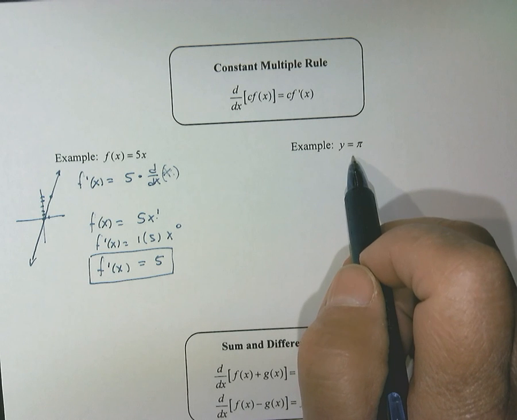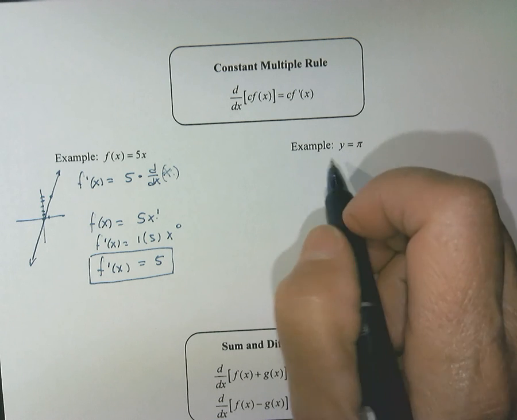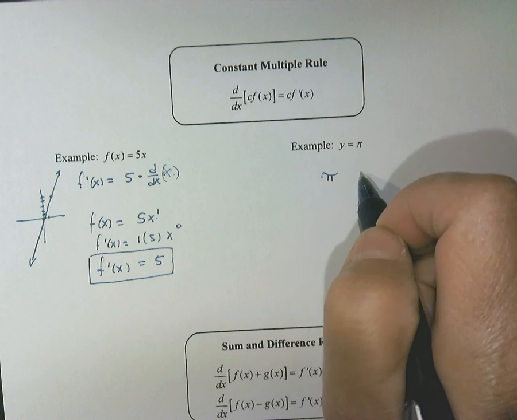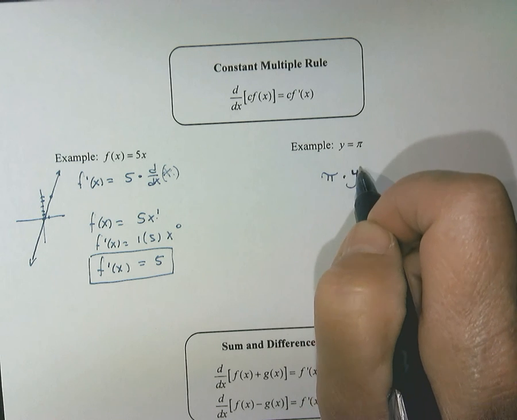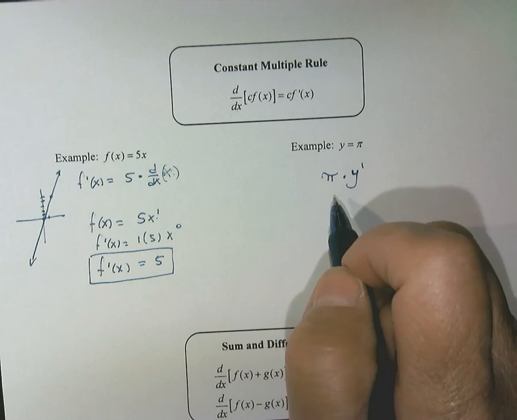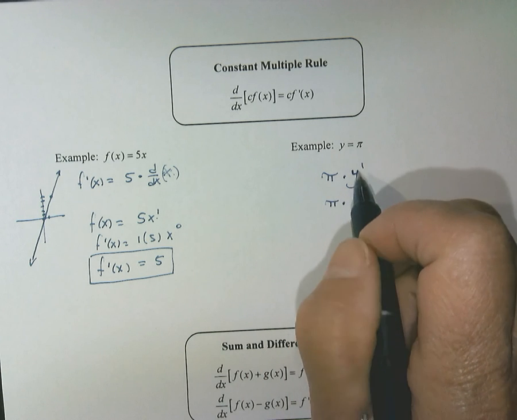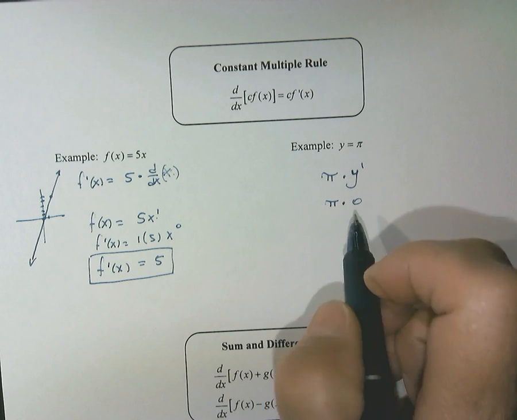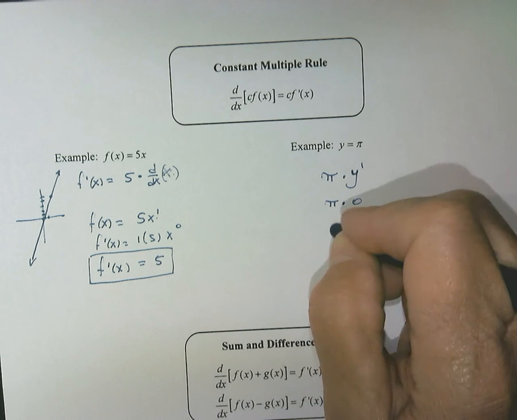Pi is a constant. I can't say it enough. So this is going to be pi times the derivative of x, or the derivative of y. So this is going to be pi times 0. This is just going to be 0.